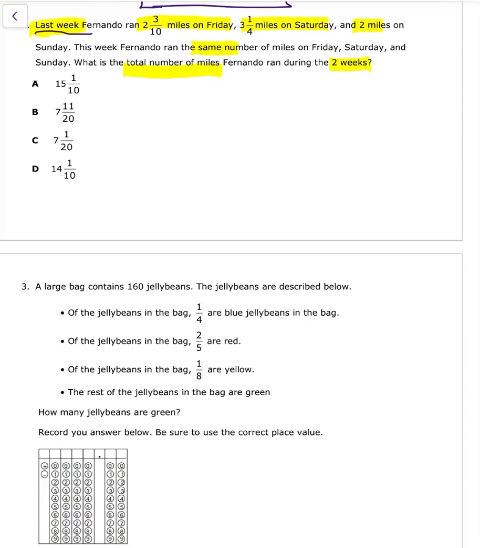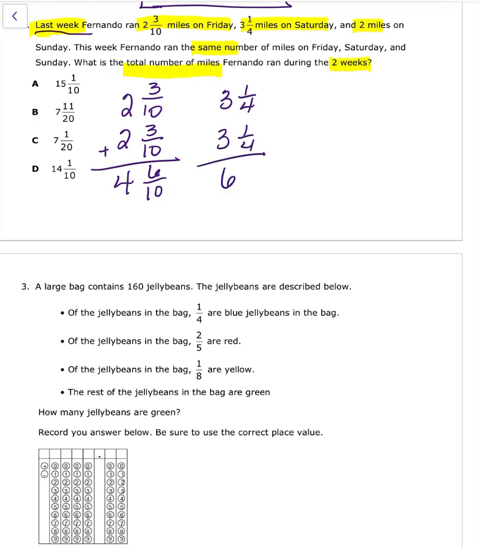So I think what I'm going to do is add both Fridays together first. So that'd be 4 6/10. And then both Saturdays. That's 6 2/4. And then both Sundays, that's 2 plus 2.